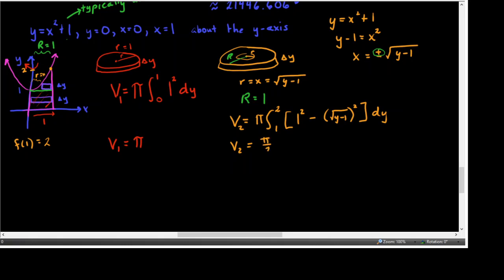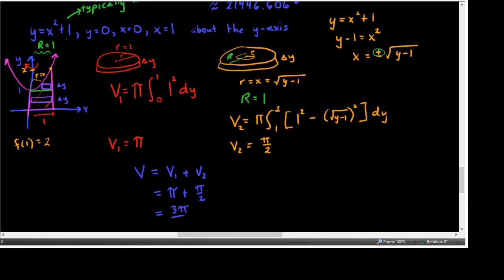Again, check that one, make sure you've got your Calculus 1 skills in order. And so the total volume of this region, which is V1 plus V2, is equal to pi plus pi over 2, which is 3 pi over 2.